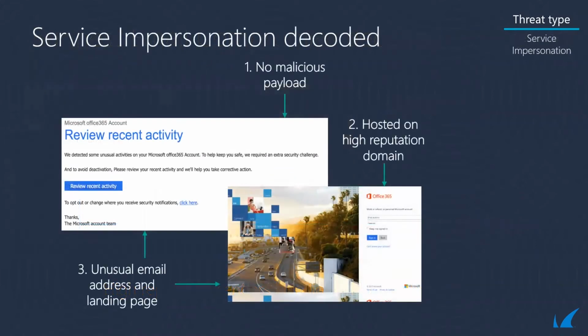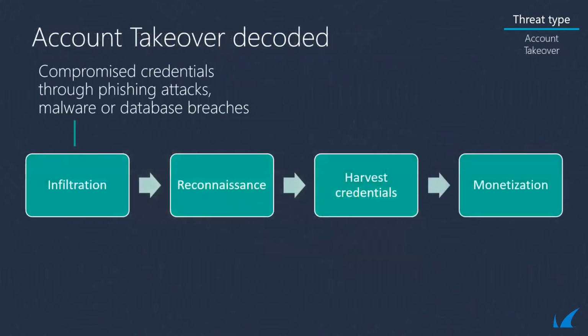We also have service impersonation. So you can see, once again, no malicious payload. It's hosted on a reputable domain. So this could be a hijacked domain from a WordPress site, for instance, which has a splash page to collect credentials. It's hosted on that server or service, and then the credentials are harvested to then be used in the legitimate service, and then launch further attacks from inside that 365 account.